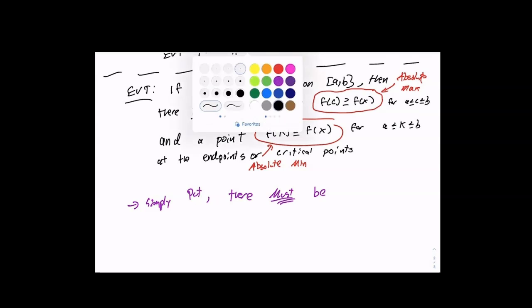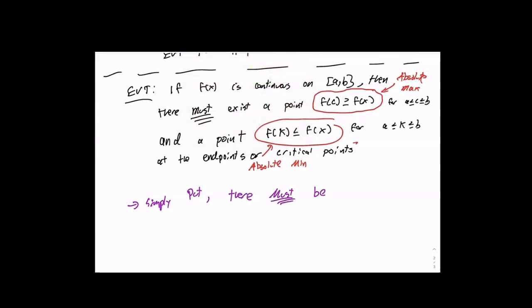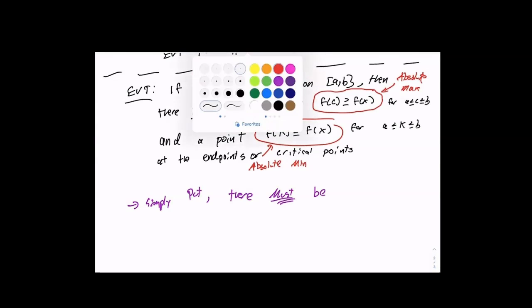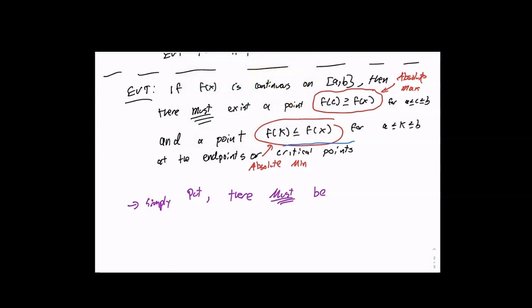And the critical points, which I haven't really talked about too much, I need to elaborate a little bit. When we say critical points, this is when the derivative is equal to 0 or the derivative is undefined.